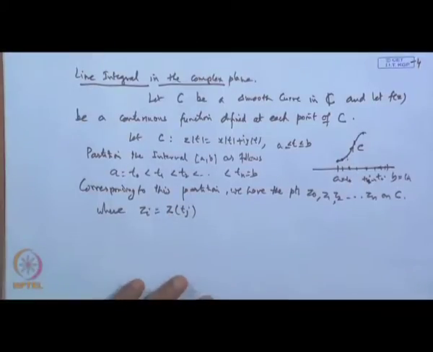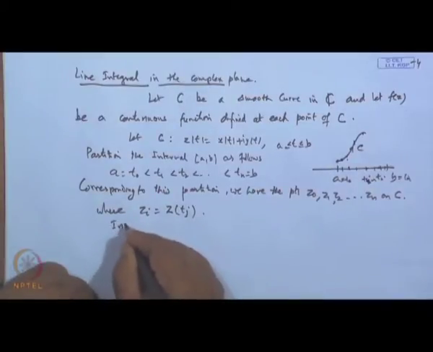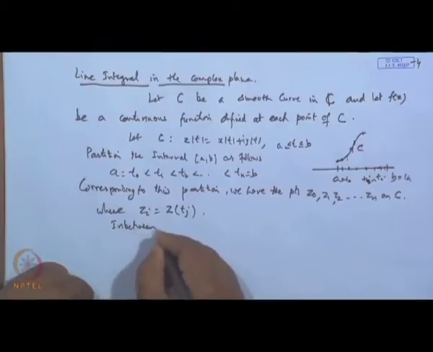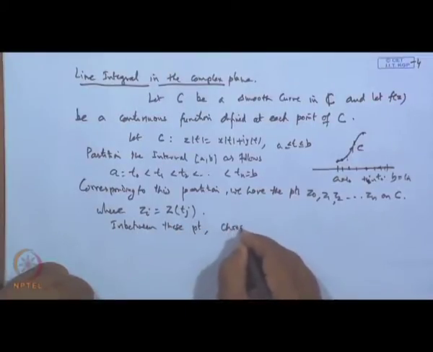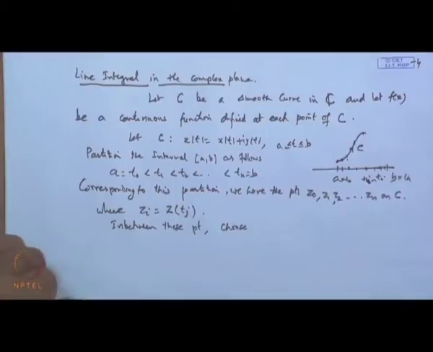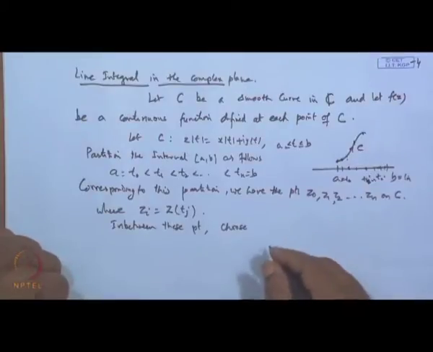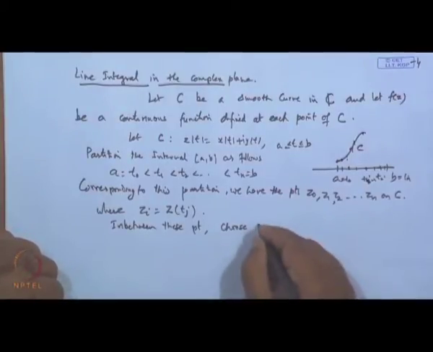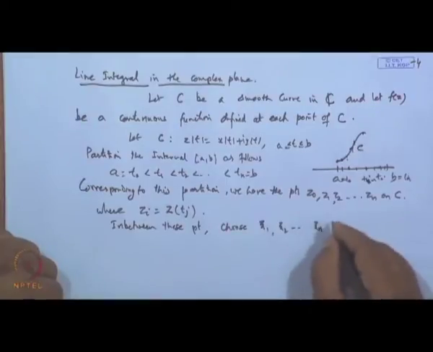Now, in between these points, let us choose points zeta1, zeta2, up to zeta n on the curve.